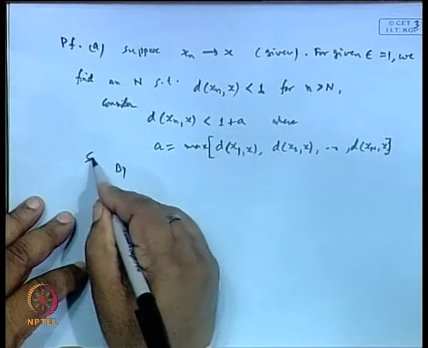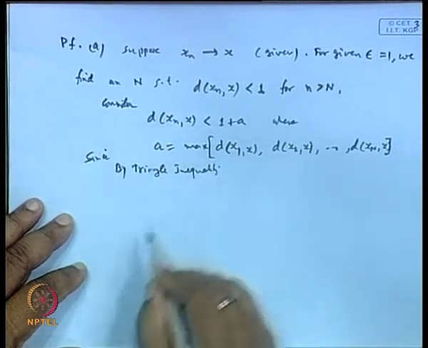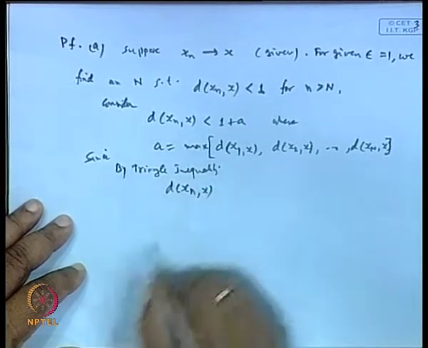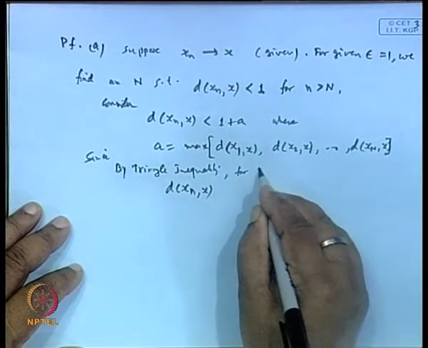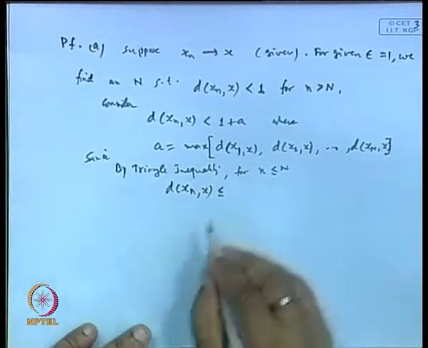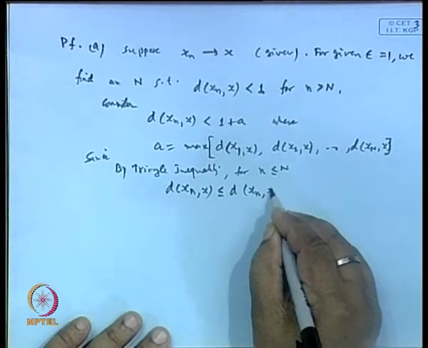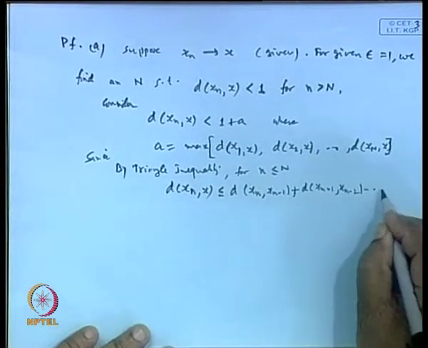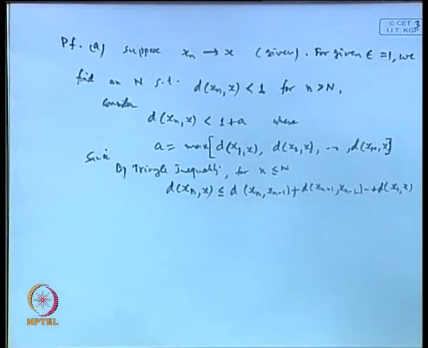By the triangle inequality, we can write d(x_n, x), when n is less than or equal to N, as less than or equal to d(x_n, x_{n-1}) plus d(x_{n-1}, x_{n-2}), and lastly it goes to d(x_1, x).